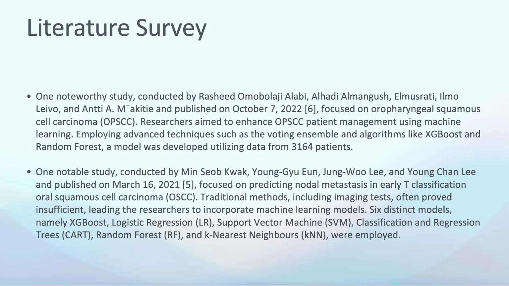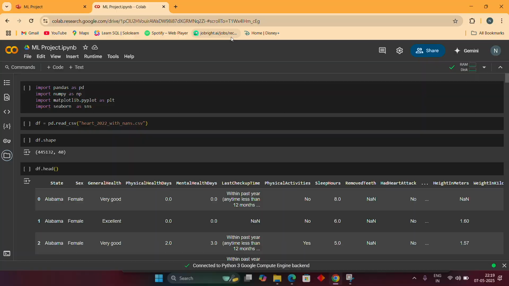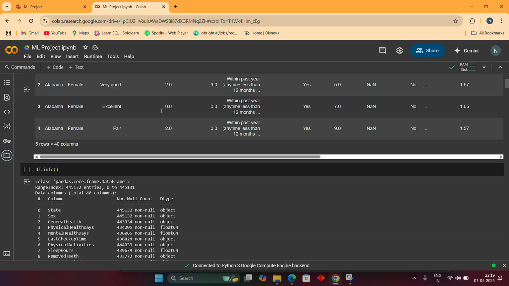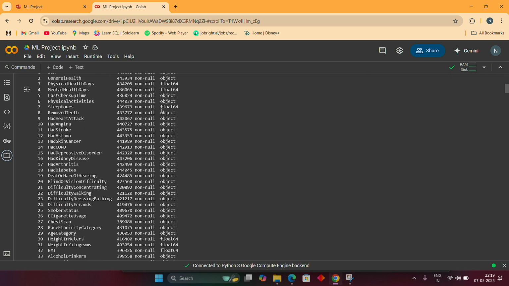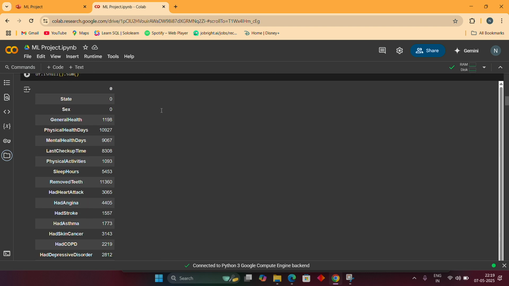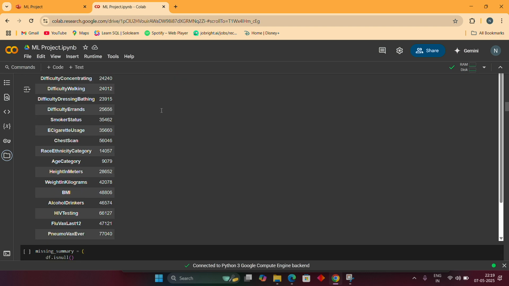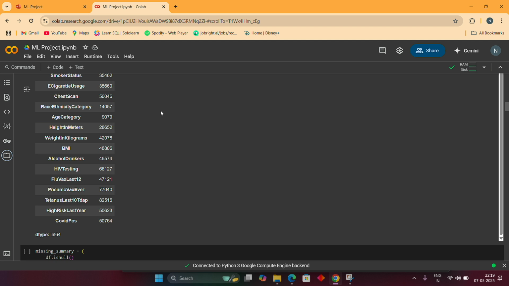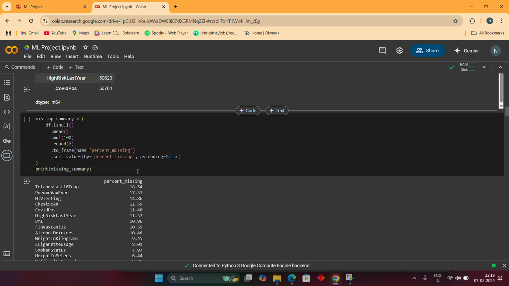So we head towards pre-processing. We started by loading the data in the Jupyter notebook. We pre-process the data. As you can see, we first try to calculate the percent of how much data is missing.